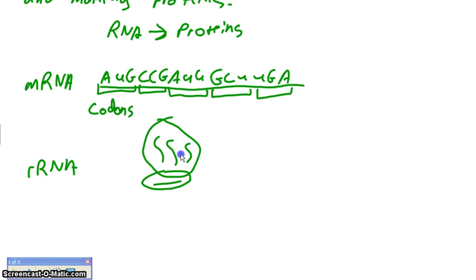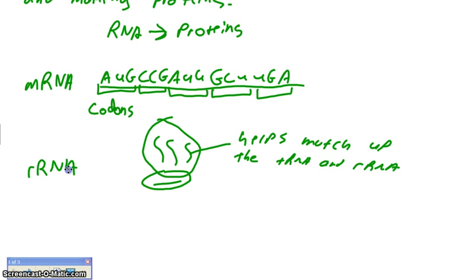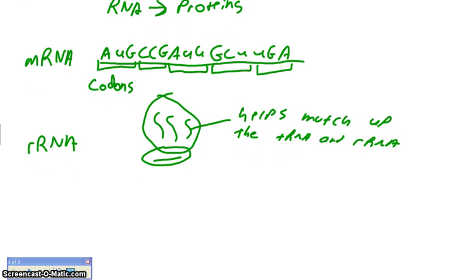And the rRNA just helps match up the tRNA and the mRNA. M-A-T. Match up the tRNA and mRNA. So that's the rRNA.